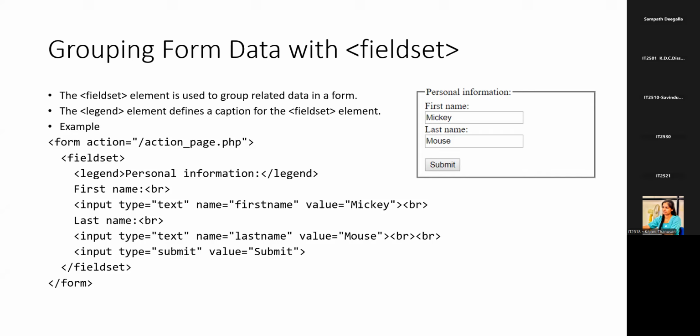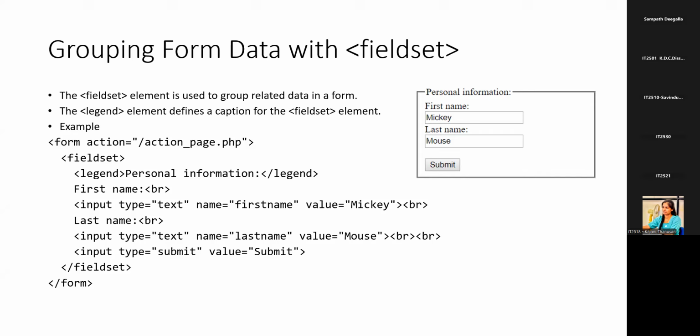Sometimes we need to group elements in a form. One is visually you want to group it. The other is that it's natural to group elements in a way. To do that, we use two tags. We use fieldset to group elements, and we use legend to provide a label for this.